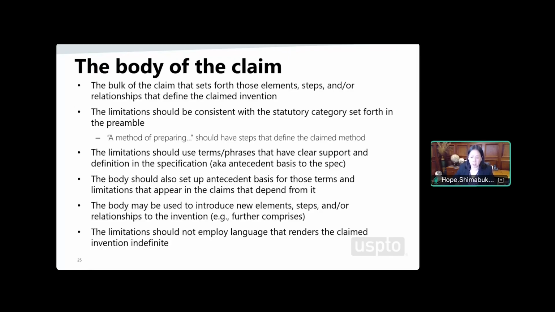Remember that phrase that I mentioned earlier? Antecedent bases for terms that appear later in dependent claims. You can also use the body to introduce new elements or steps by including transitional phrases such as "further comprises."